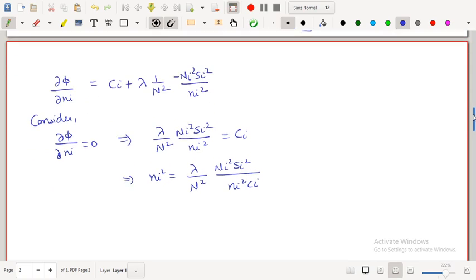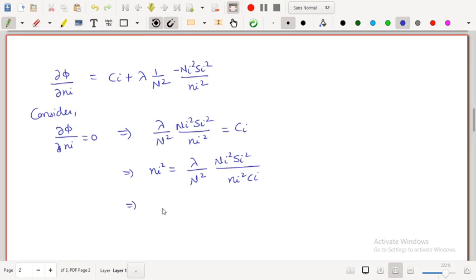We have to find an expression for ni. So taking the square root on both sides, this will be ni is equal to root of lambda upon n square into ni si. Sorry, there is no ni square because we had sent this ni square to this side, so there is only ci. So after taking the square root, this will be ni si upon root of ci.